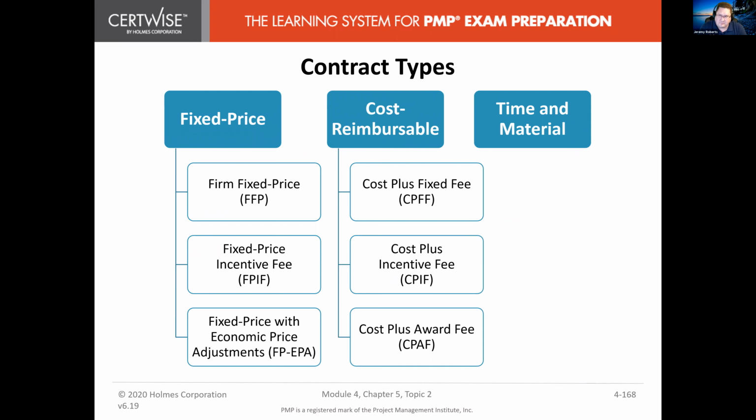So we have several types of contracts, and I don't like the acronyms that they use, but we have fixed price contracts. And this is probably one of the most common ones if you're procuring resources, is a firm fixed price. For example, you go to Walmart, you're paying what's the price tag that's on the shelf for that item. It's firm.